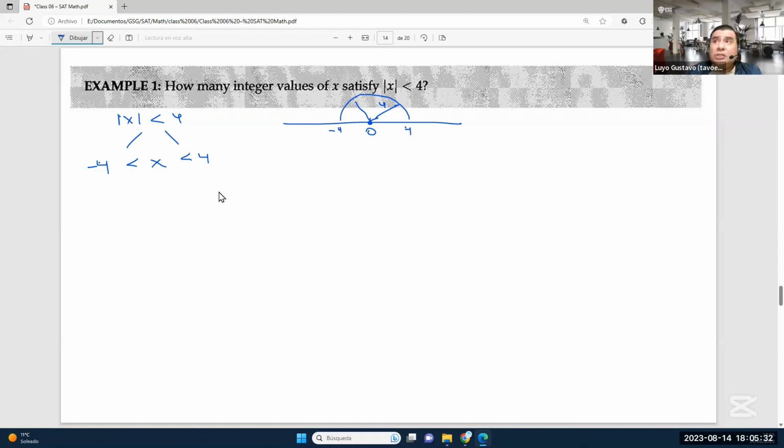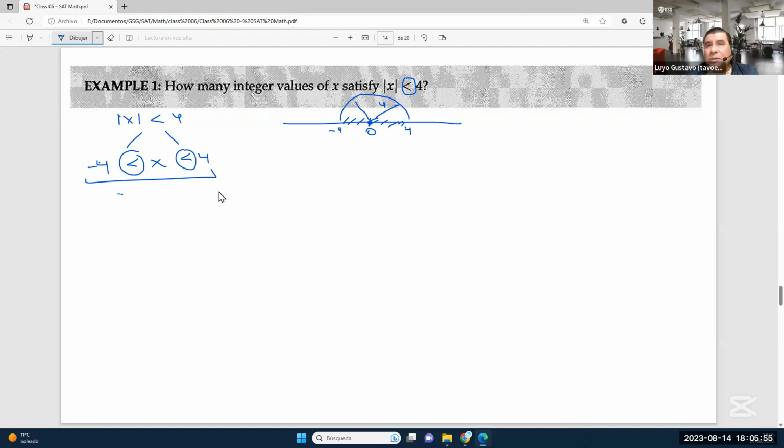Since the distance should be less than 4, it means that x must be here. So this exactly matches this, of course. Okay, how many integers exist in that range? Notice, be careful with the symbols less than and greater than. So that means that -4 and 4 are not included in the range.